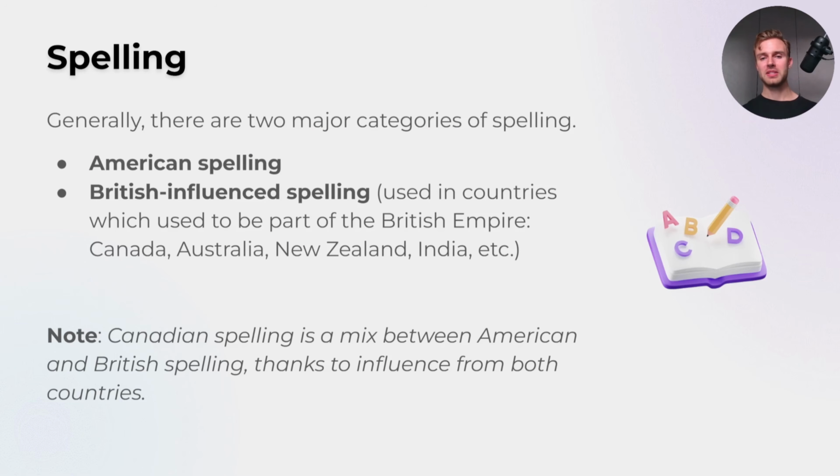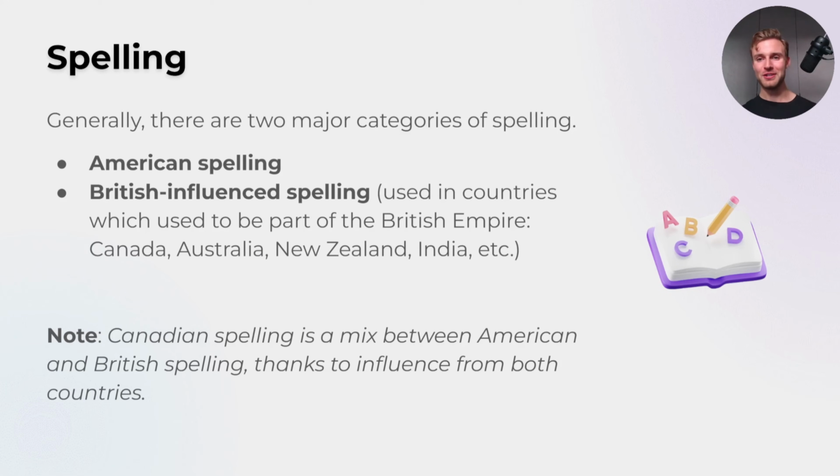Now, let's talk about spelling. There are two major categories of spelling in English. We have American spelling, and we have what I call British influenced spelling. Obviously, this does include British spelling in the UK, but it also includes spelling in countries that used to be part of the British Empire, for example, Canada, Australia, New Zealand, or India.